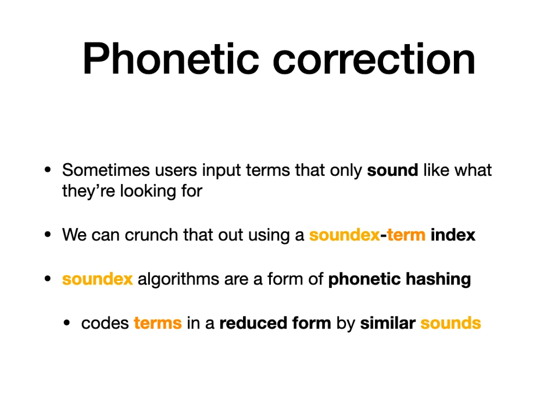Soundex is an algorithm to convert a string of text into a sort of phonetic encoding. So the idea is that the codes turn terms into a sort of reduced sonic form by what sounds are present in the word as opposed to what letters are present.